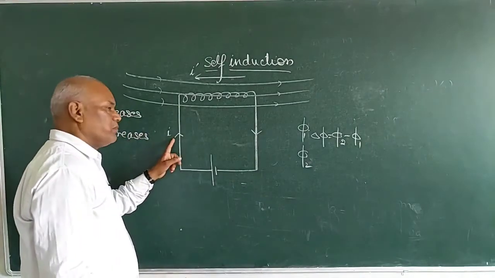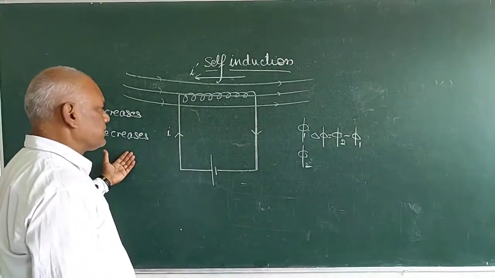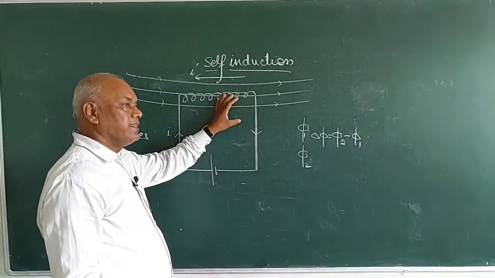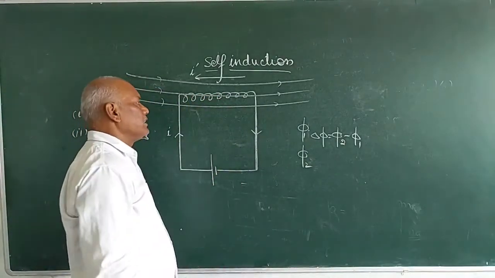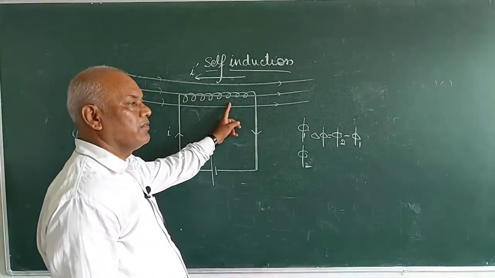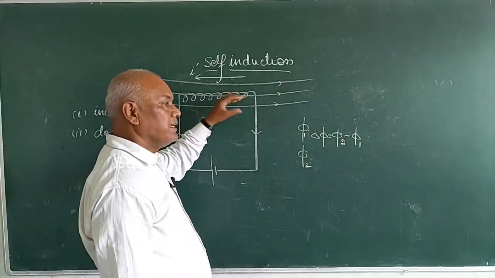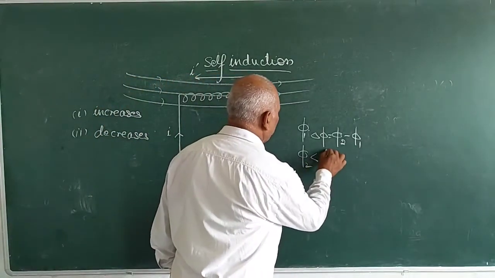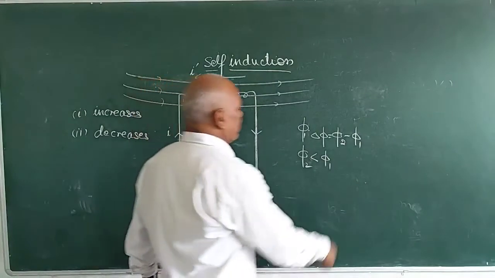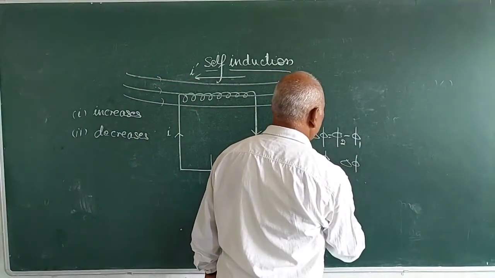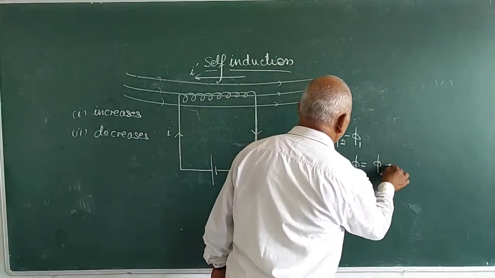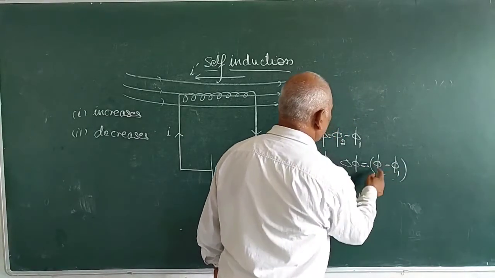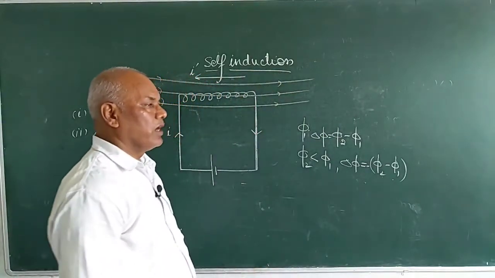But if the main current suddenly decreases, then at this moment the intensity of the magnetic field also decreases, and therefore fewer magnetic field lines will pass through each turn of the coil. Then phi 2 is less than phi 1. Therefore, delta phi will be phi 2 minus phi 1 with a negative sign, because phi 2 is less than phi 1.